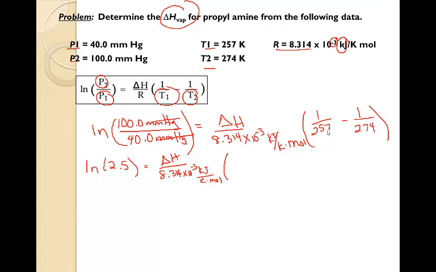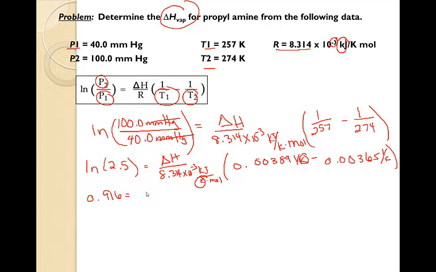1 over 257 is 0.00389, 1 over Kelvin, minus 0.00365, 1 over Kelvin. Notice we have Kelvins here and Kelvins here. That means those are going to be able to cancel out in a minute. So the natural log of 2.5 is 0.916.